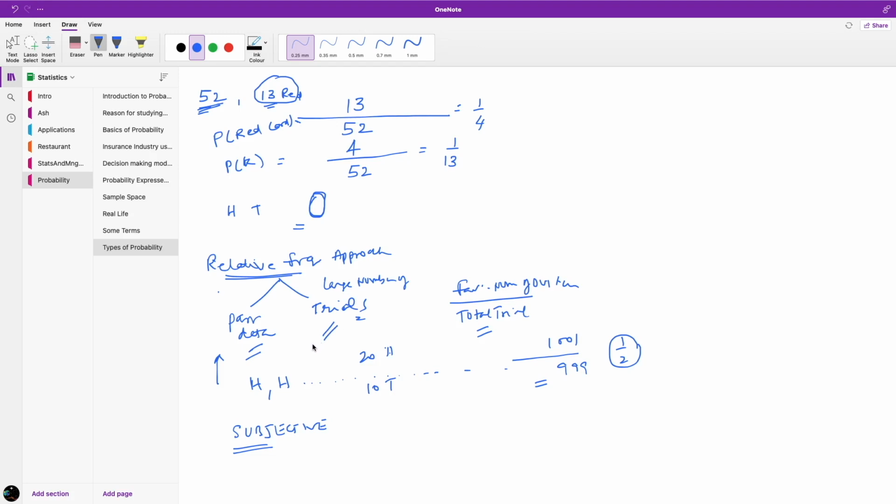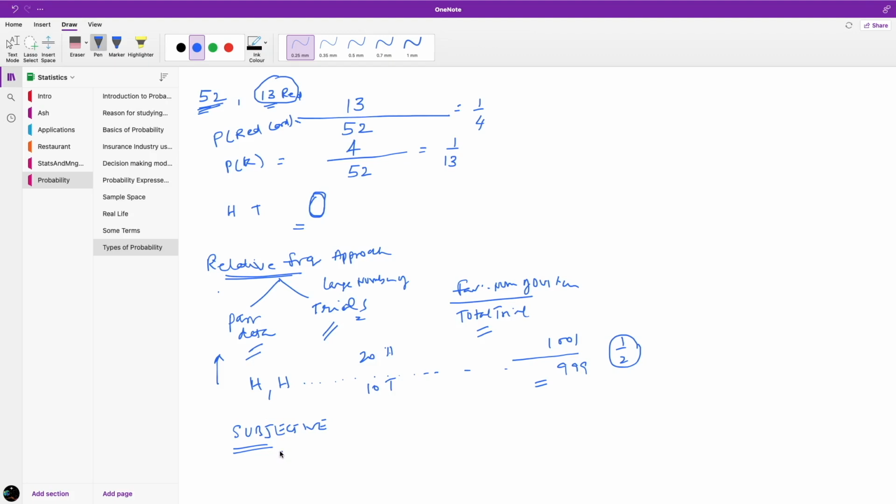For example, let us say we are testing a car crash. We cannot actually crash a car because it would be expensive, or we are testing an aeroplane, so we cannot do that. So we have to take a different approach, and that's where subjective probability comes in.